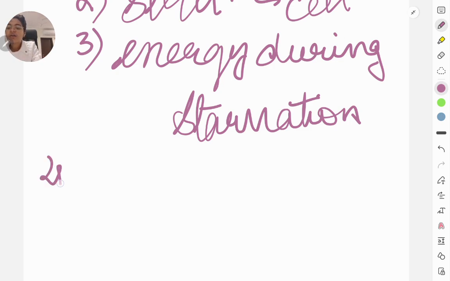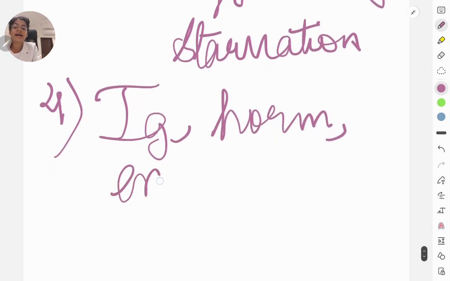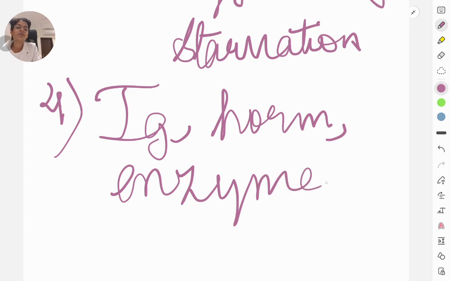And we all are aware that maximum hormones, enzymes, receptors, and immunoglobulins, all of them are proteinaceous, right? Now this is the role played by protein.